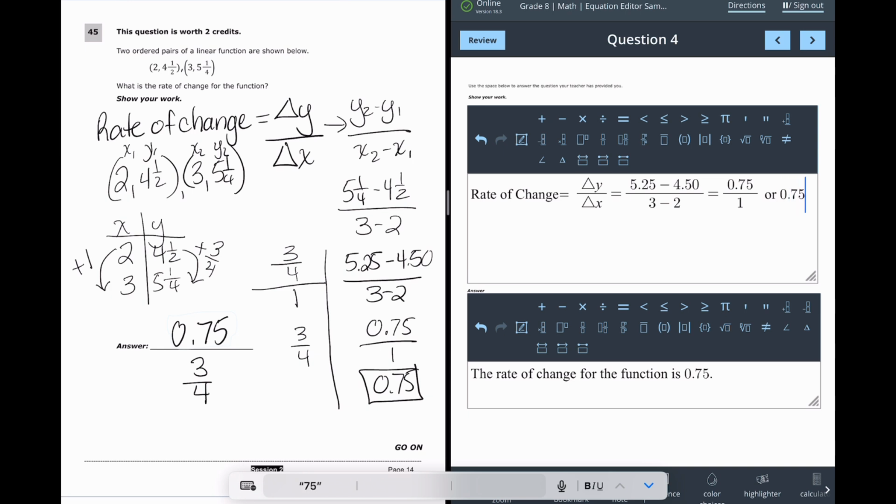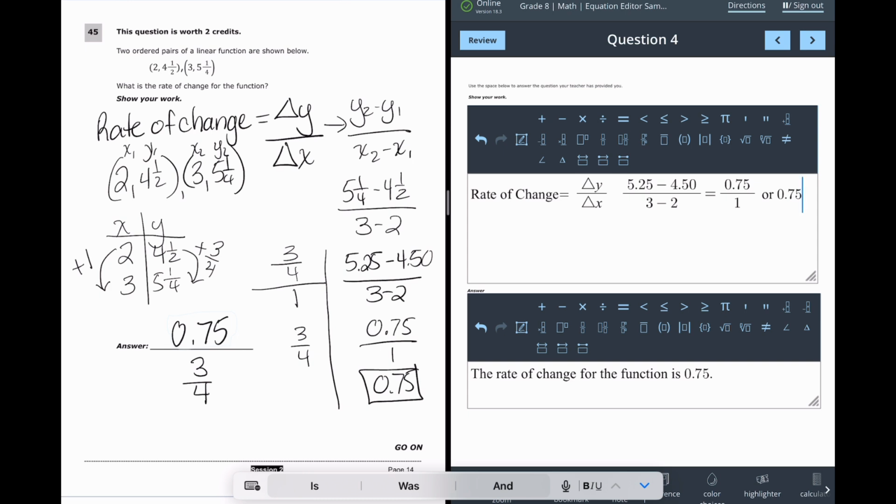Now, that's all I had to write here. You can see it makes a ton of sense. The only thing is, depending on who's reading the problem, there are some teachers who don't like seeing multiple equal signs. So I'm just giving you that option.